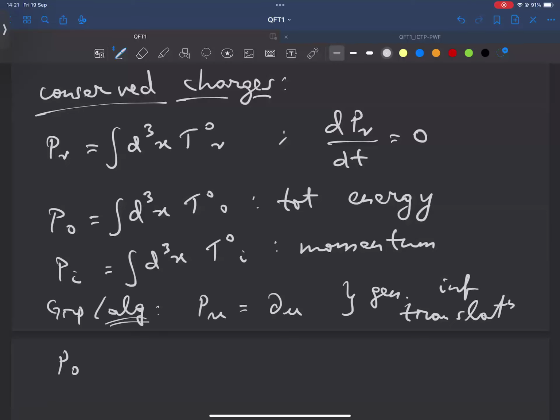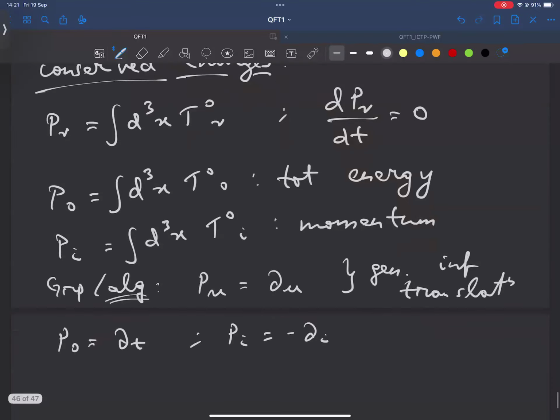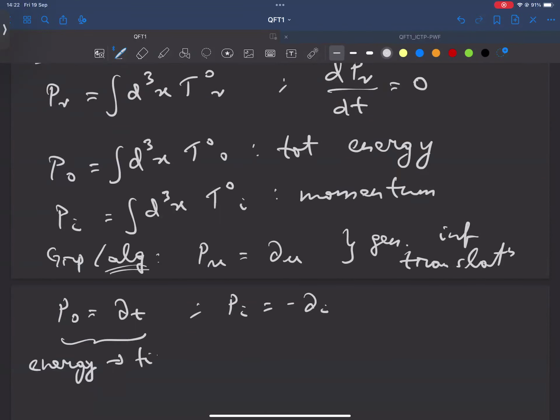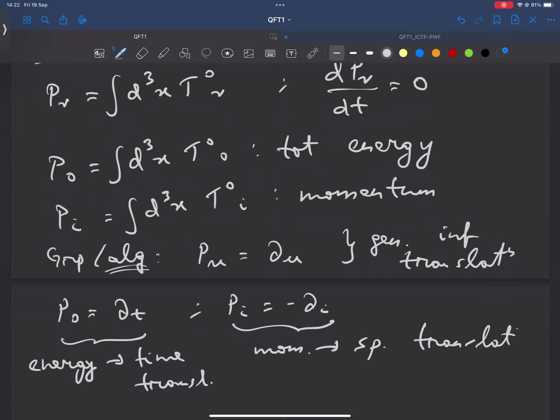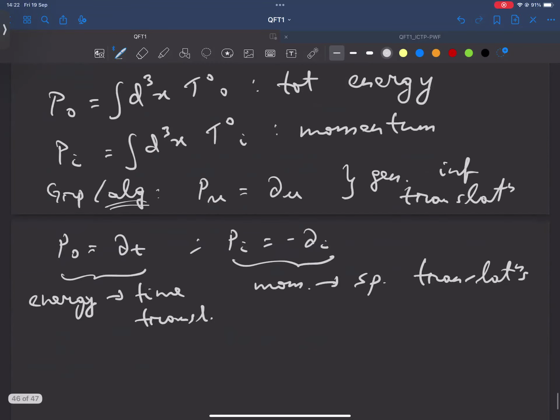And clearly you see that P0 would be like del T, and Pi will be like minus del I. So this generates time translations, like energy generates time translations, and momentum generates space translations. So it fits nicely with that. So indeed, the conserved charges we get for space-time translations are its generators.